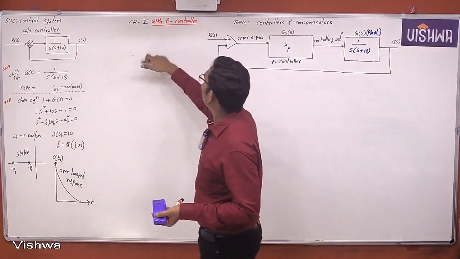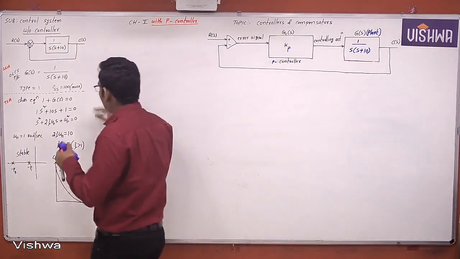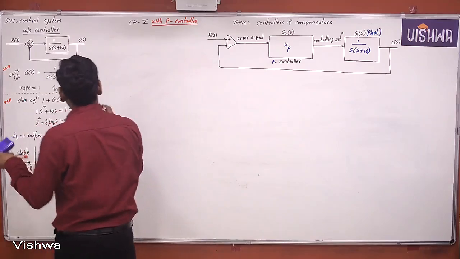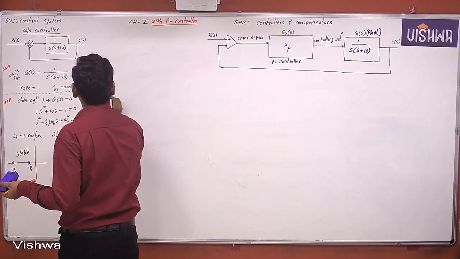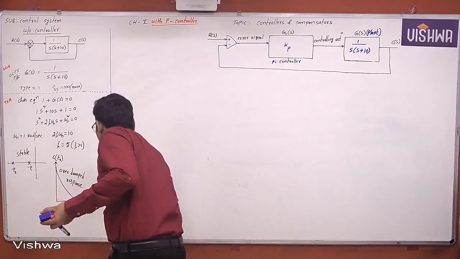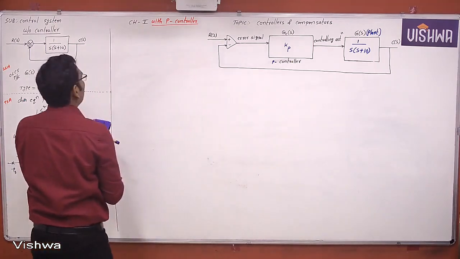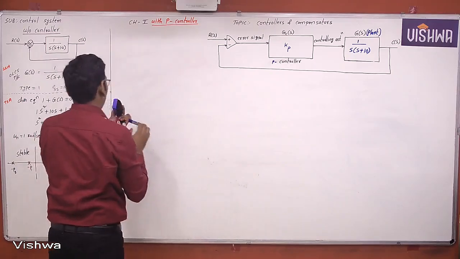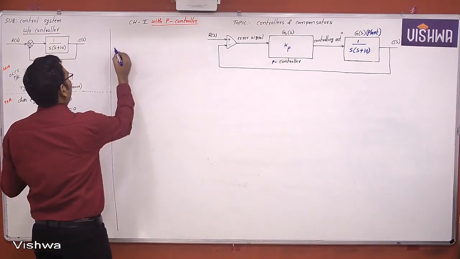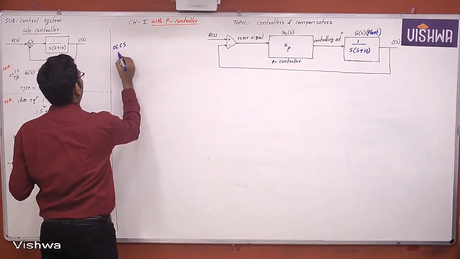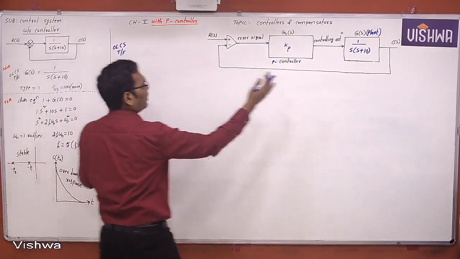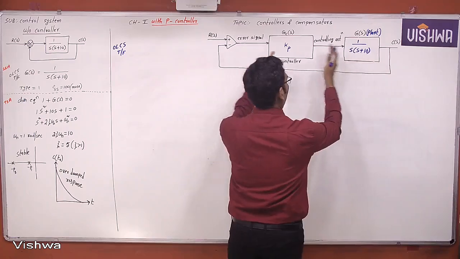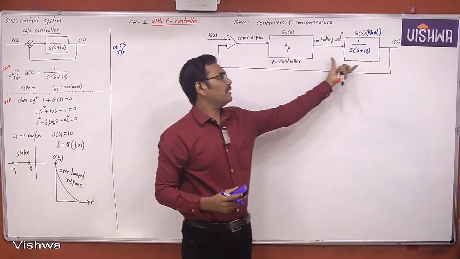Now we will see with the P controller, the proportional controller, the on-off controller. What is the overall forward path gain? Because this is in the S domain, this is also in the S domain.